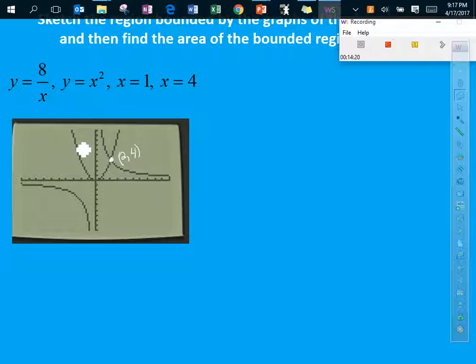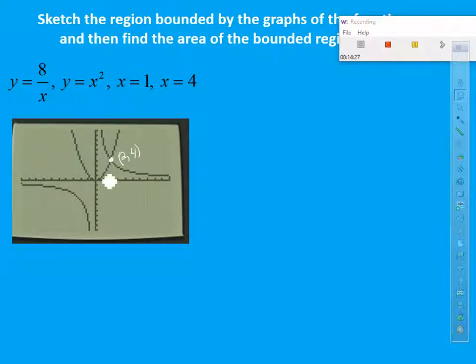I've already got the parabola and the hyperbola, and we're also going to draw in x equals 1, which is going to give me an area right in here, and x equals 4. So I'm also going to have another area right in there. So notice again, guys, two different areas that we're going to be working with.